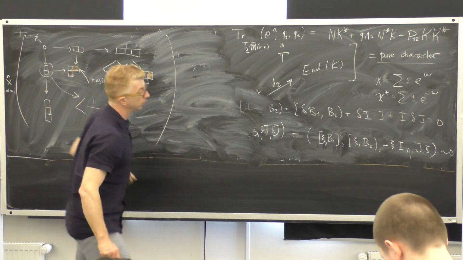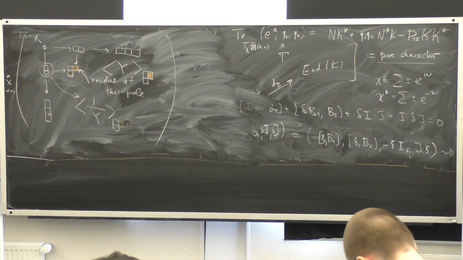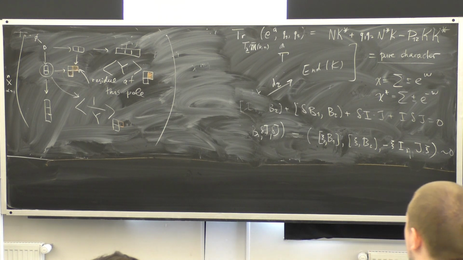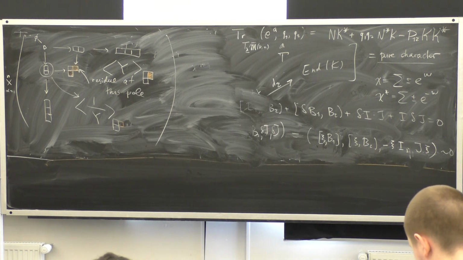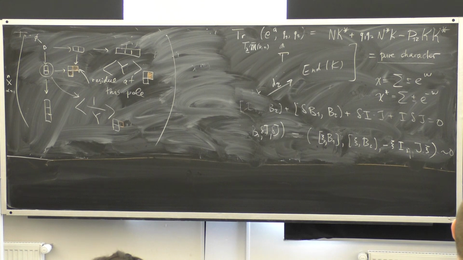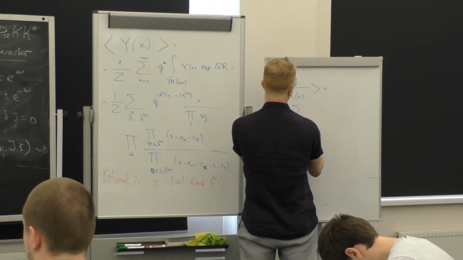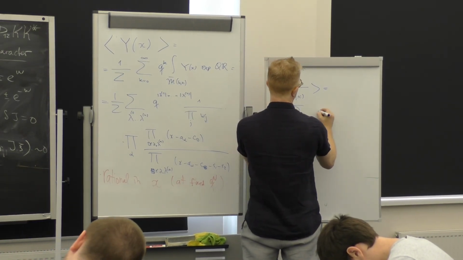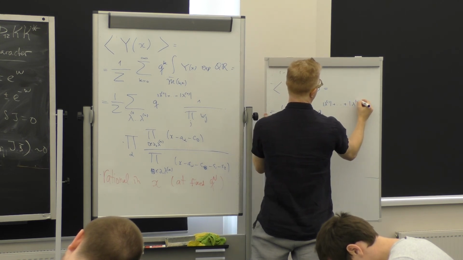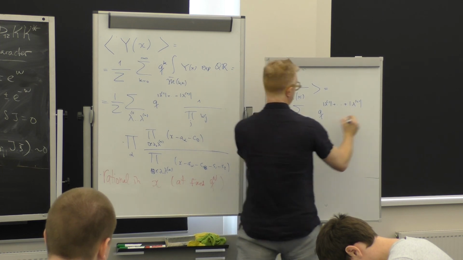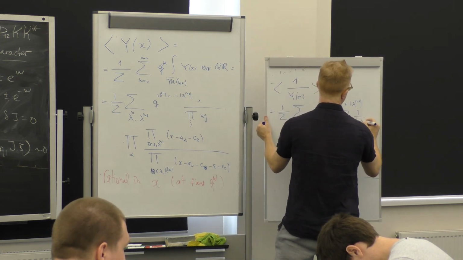Because 1 over y will have, so here I put y, you can also study 1 over y in a similar way. 1 over Z, sum over the lambdas, q to the lambda 1 plus through lambda n, product 1 over wj.